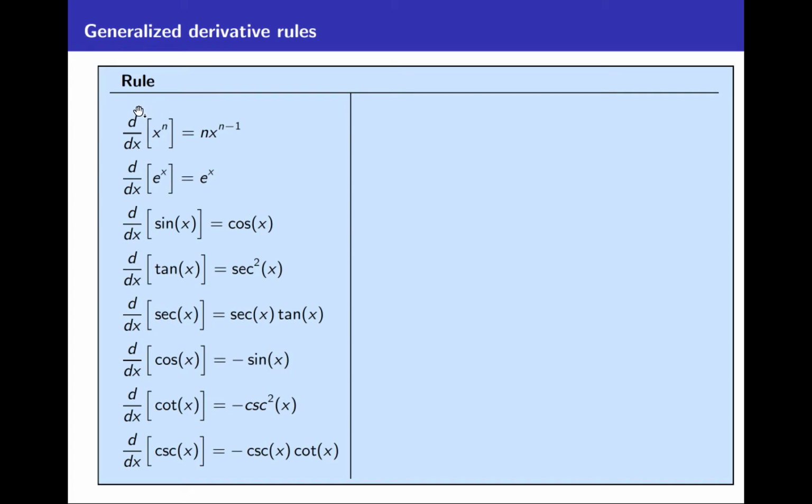If you apply the chain rule to these rules, you get the corresponding generalized rule. For example, we just worked out the generalized power rule. It told us that the derivative of g of x to the power of n is n g of x to the power of n minus 1 times g prime of x.